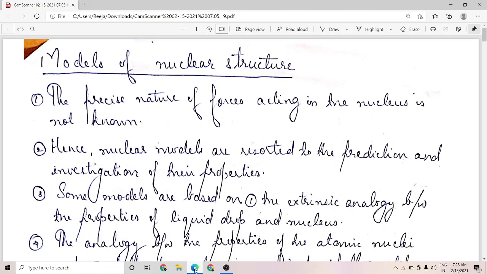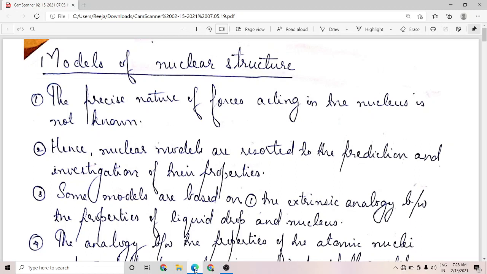Hence, what we do is we resort to the use of nuclear models. We resort to the use of certain models in order to predict the properties of the nucleus. Now, how do you choose these models?